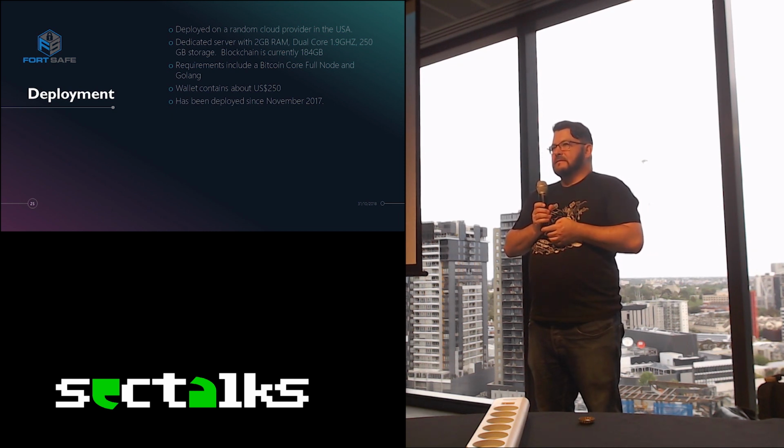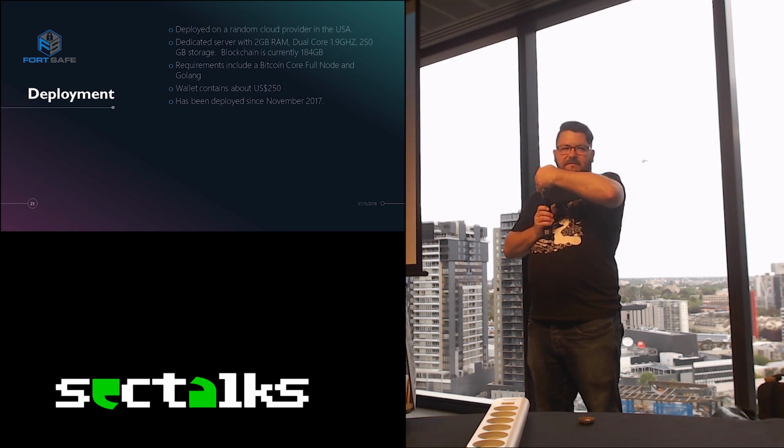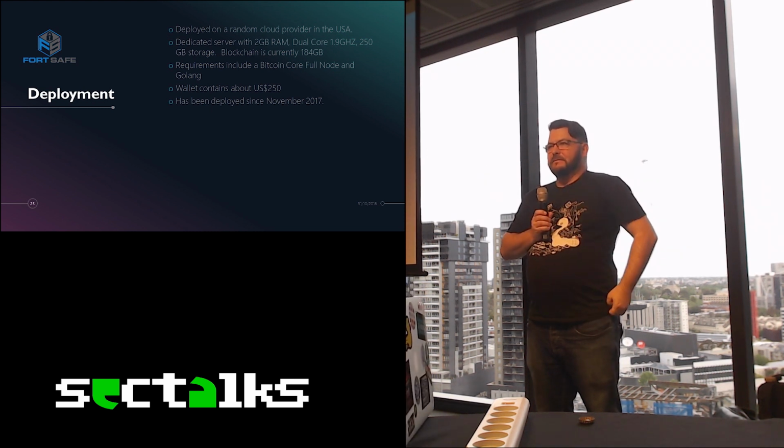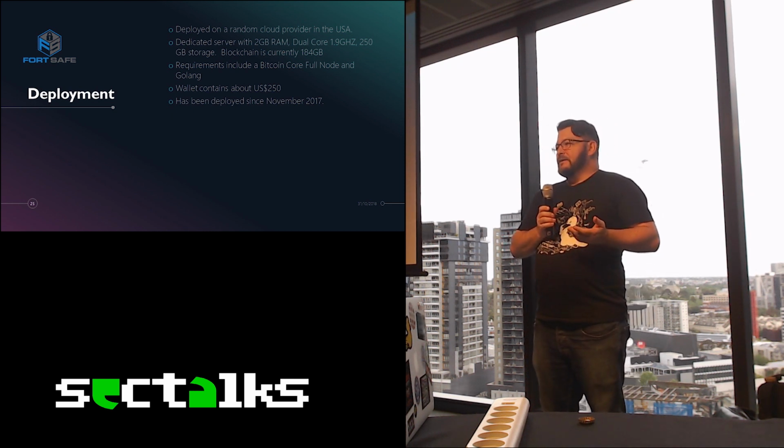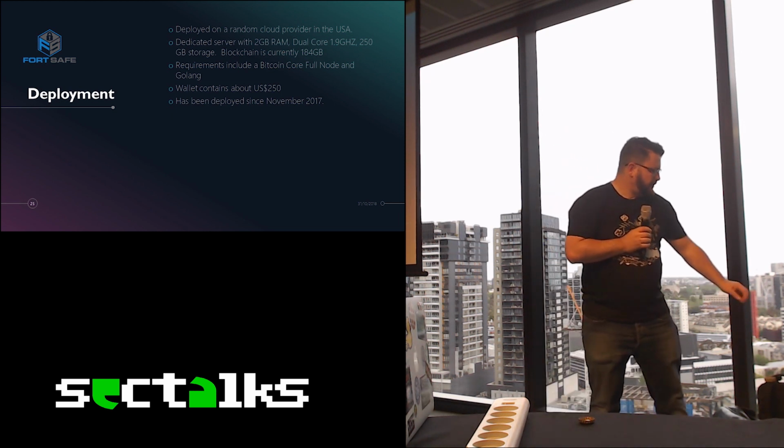So I chose a dedicated server. I didn't want to deal with expanding storage and computing power and the potential rising costs of cloud versus a simple dedicated. The requirements were Bitcoin Core Full Node and Golang, and I gave it US $250. Well, that's what it is at the moment. I think it was up around 500 at the time that the attacker was playing, and it's been deployed since November 2017.